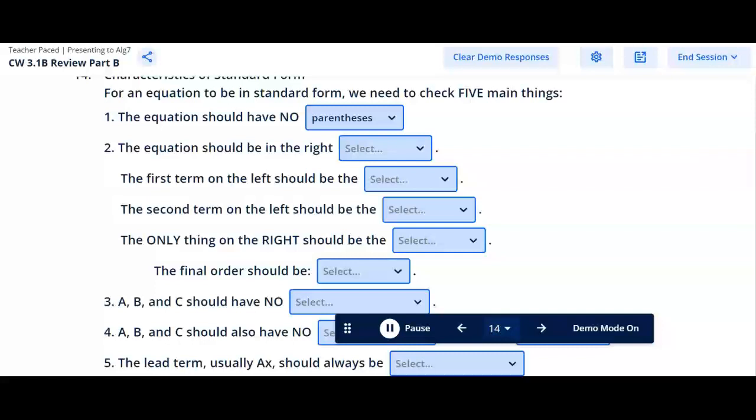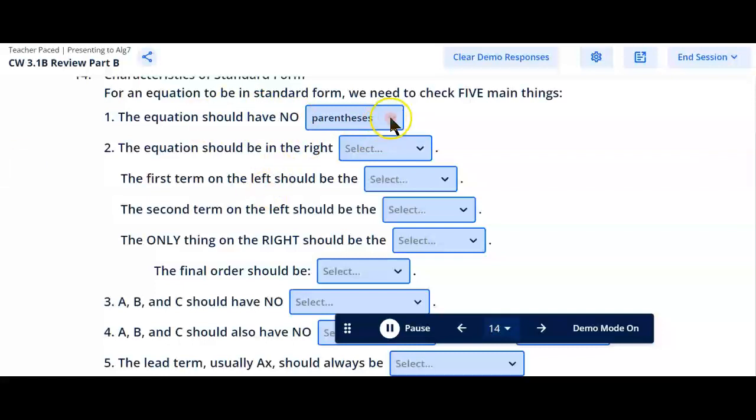And then our equation should be in the right order. Okay, looks like everyone got that.